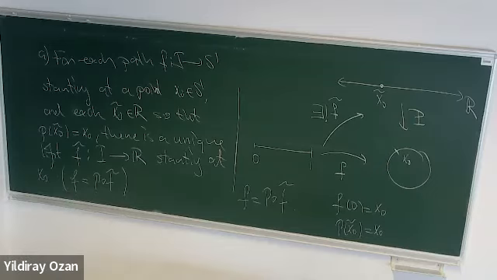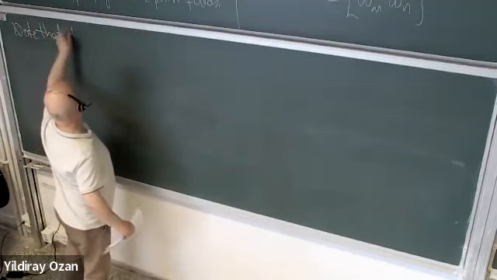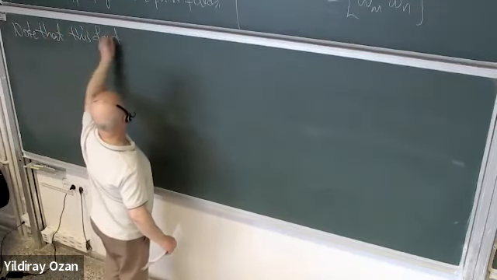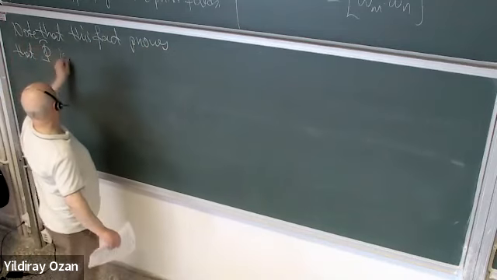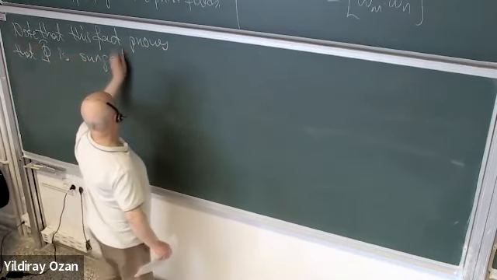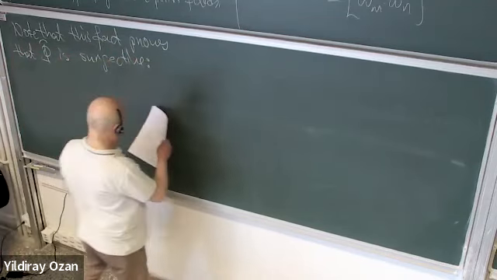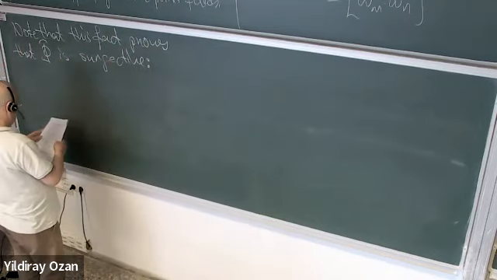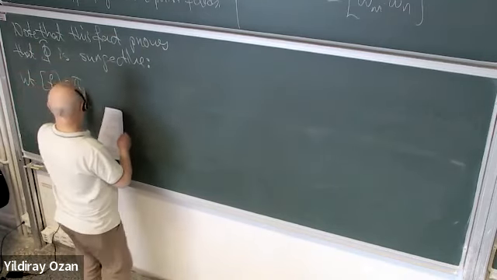Okay, so note that this fact proves that our map is surjective. Now let's see how this is done. Okay. Now let F be any class.